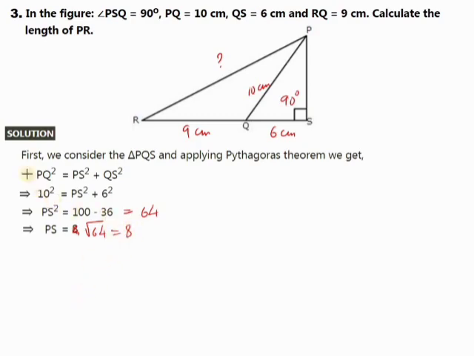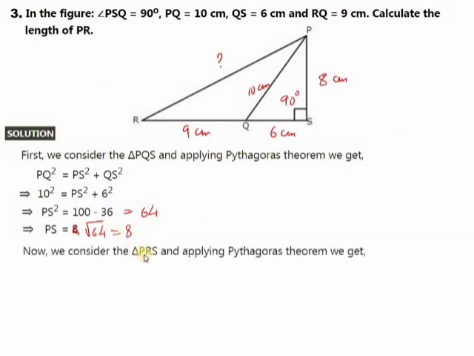So we got PS to be 8 centimeter. Now the question is asking you to find PR, so in order to find PR, you have to make use of this biggest right angled triangle. We'll consider triangle PRS.